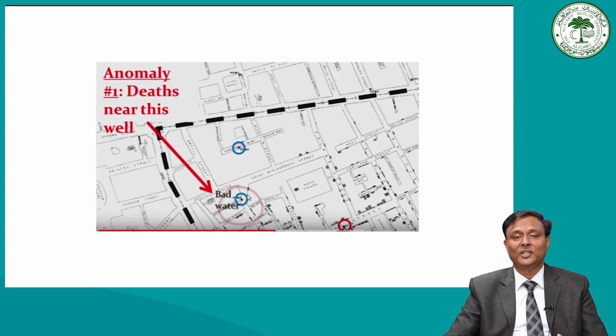Now, what are spatial anomalies and abnormalities? They differ from the general trend. I am trying to highlight this aspect of Dr. John Snow, where he found spatial anomalies and abnormalities, and both were found because of space-related interaction.